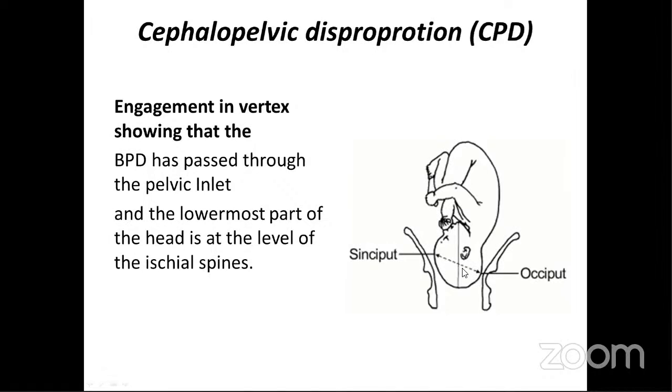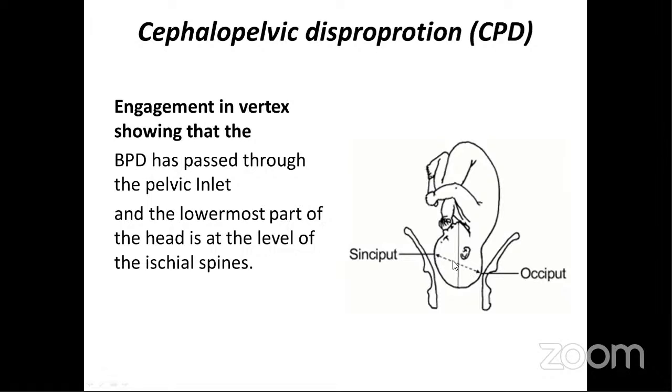So the relative positions of the sinciput and occiput, by doing a per abdominal examination, will help you assess the degree of flexion of the fetal head. So whenever the fetal head is well flexed, the chin of the fetus is almost touching the chest, right? So the whole of the head is flexed, or the neck is completely flexed.